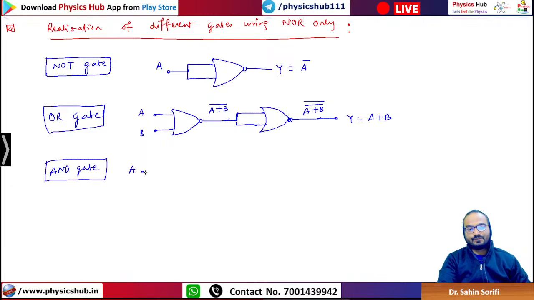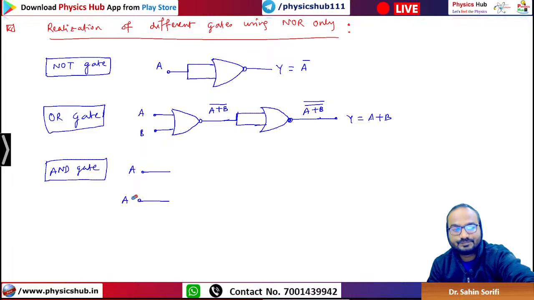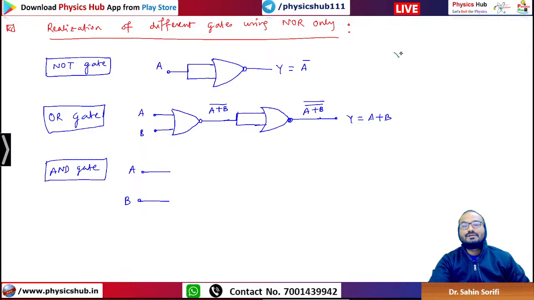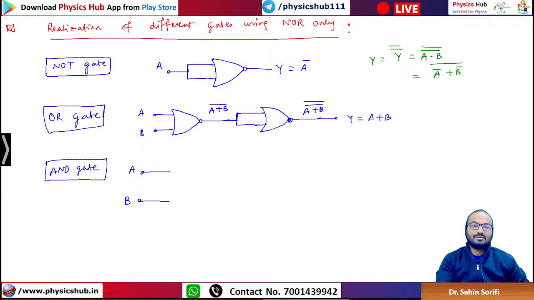AND gate. Let us say A and B. Look, AND gate y is equal to A dot B. If I take double complement, we get y is equal to A dot B back. So, it is (A complement plus B complement) whole complement. So, you have to first make A complement.